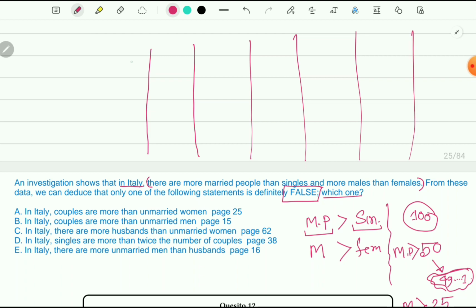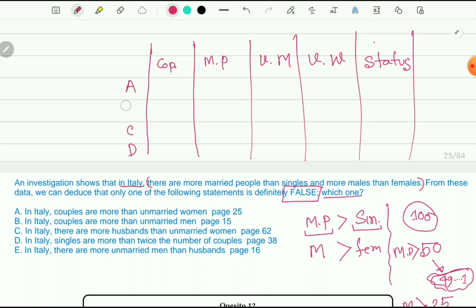Our first column represents the number of couples, and the second column represents the number of married people. Then the third column represents unmarried men, unmarried women, and status. Status means whether our option A, B, C, D holds. Okay, one more option we have to check.